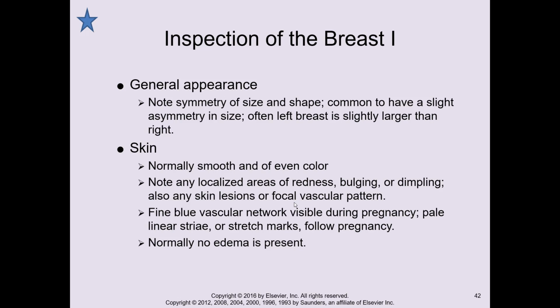One breast is usually bigger than the other. Some people significantly so, and it just is what it is. So normally you want to see the skin, the same exact type of skin that you would see elsewhere on their body. If you're seeing any redness, bulging, dimpling, that requires you to step in and either do a focused assessment yourself or have their practitioner do a focused assessment.